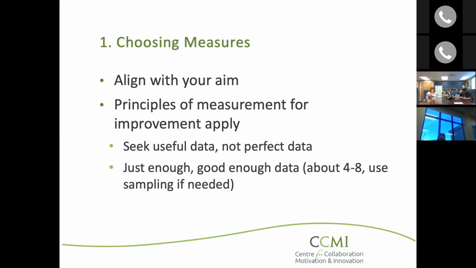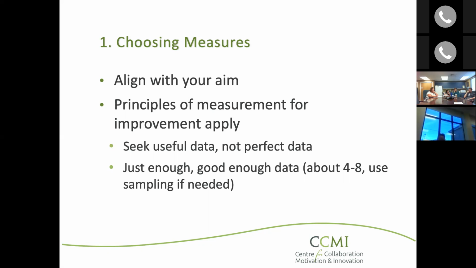Now, there are situations where we really want the data and it is difficult, but we feel it's important enough that we want to overcome that hurdle. And in that case, you might want to think about using a sampling approach. So you don't always need to collect 100% of the data. And when I say sampling, I'm not talking about the research version of sampling with confidence intervals and all that stuff.